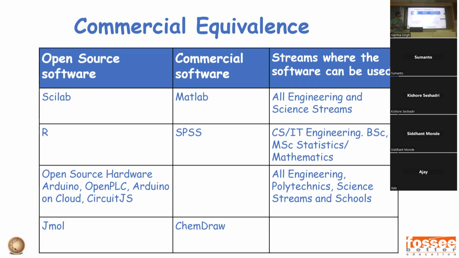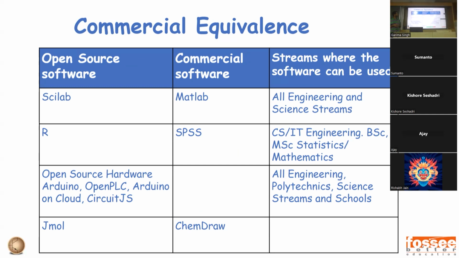Scilab can be an alternative to MATLAB, and the money your institute pays for MATLAB licenses can be used for other things, like your stipend maybe, or infrastructure, and many other things.